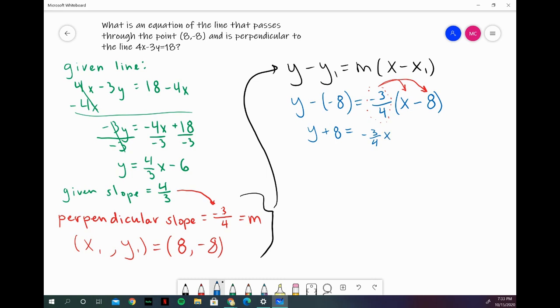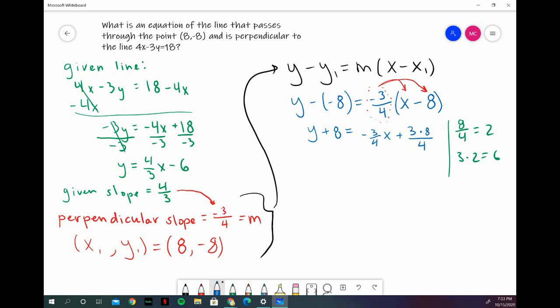Now negative 3/4 times negative 8 is going to give me a positive, because negative times negative is a positive. And this is 3 times 8 all divided by 4. But what do I know about 8 divided by 4? Well, that's just 2. And 3 times 2 is 6.